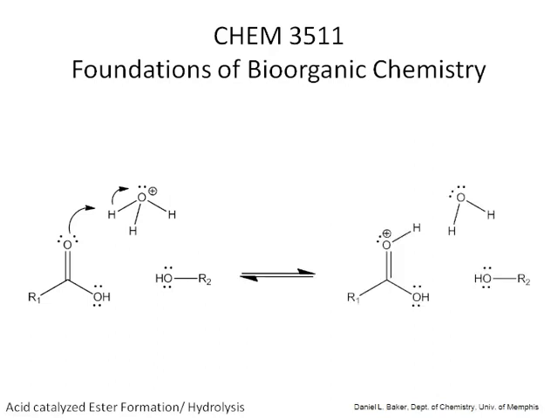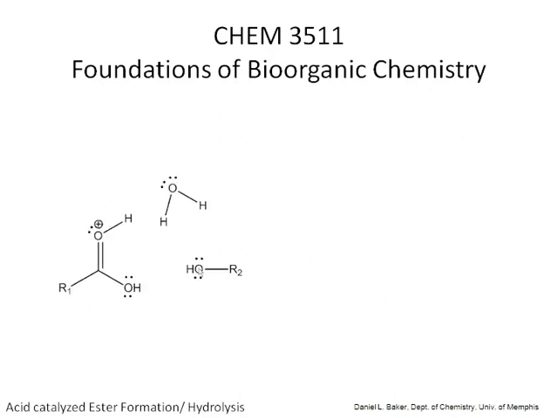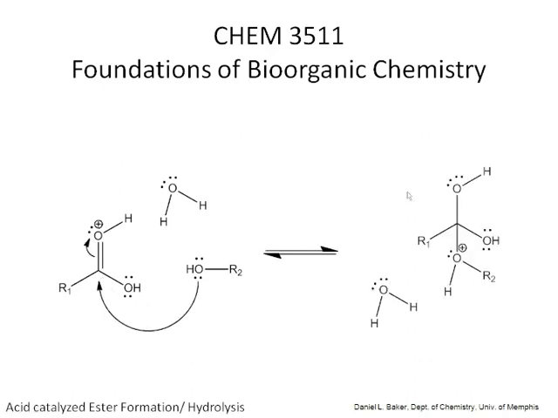Just like we talked about when we're making hemiacetals or ketals and the like in carbohydrates. So that gives us our activated electrophile, right? So now our relatively weak nucleophile can attack this activated electrophile to form a first tetrahedral intermediate. Now the way it is, as it's shown, our protonated alcohol is by far the best leaving group.